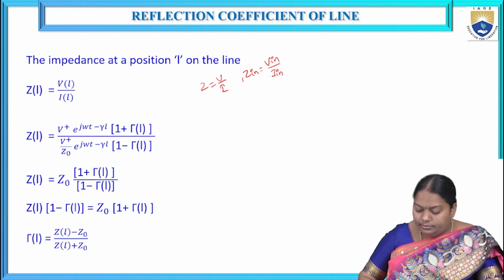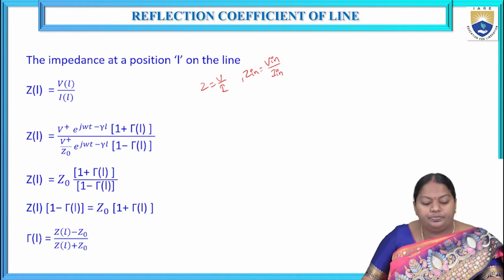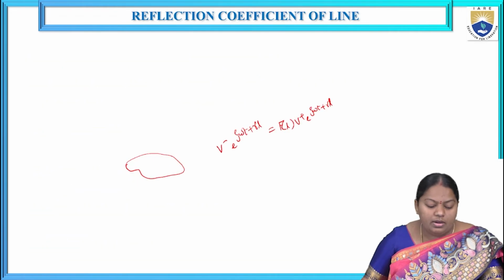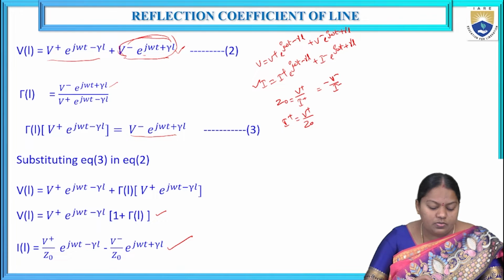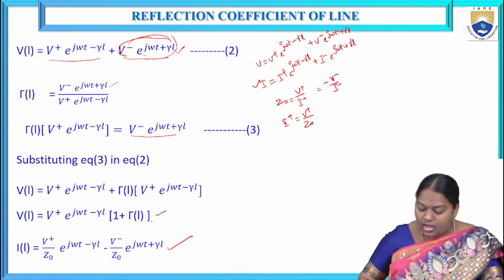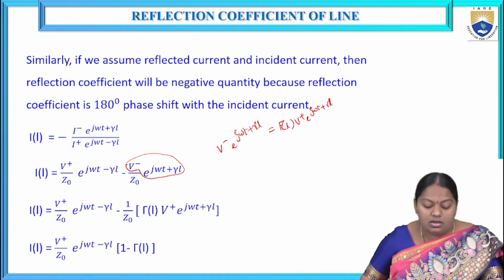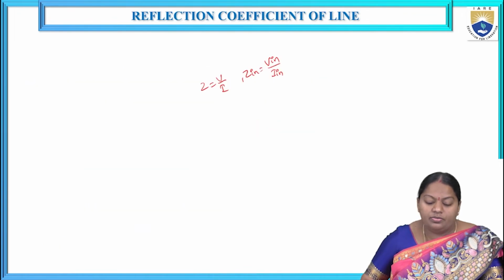So V of L, from the previous statement, is equal to V plus e power j omega t minus gamma L into 1 plus gamma of L, and I of L is V plus by Z0 into e power j omega t minus gamma L into 1 minus gamma of L.